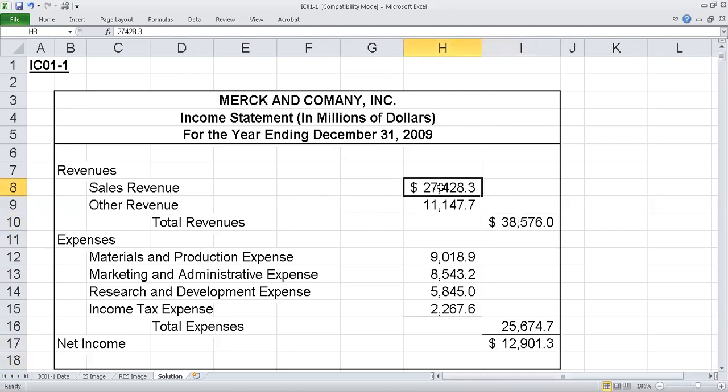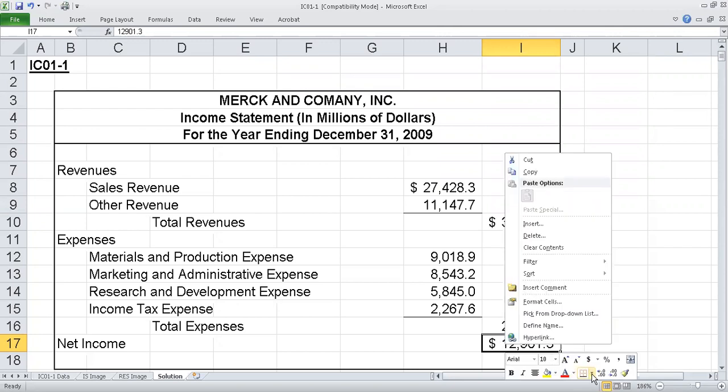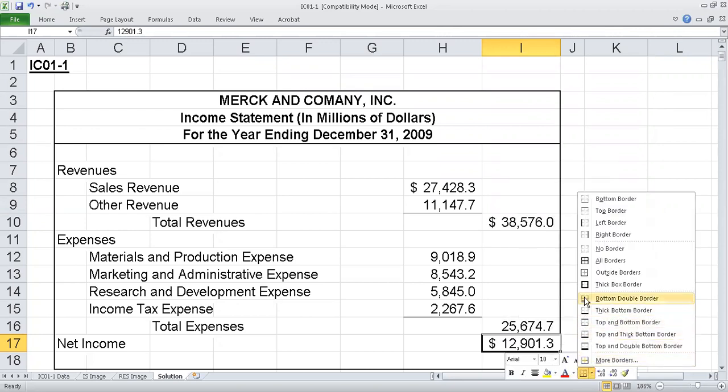All right, so the top of the column in the rightmost column is the 27,428.3. In the rightmost column, 38,576.0. But the bottom line figure on a financial statement is also going to get a dollar sign. And we're going to double underline.